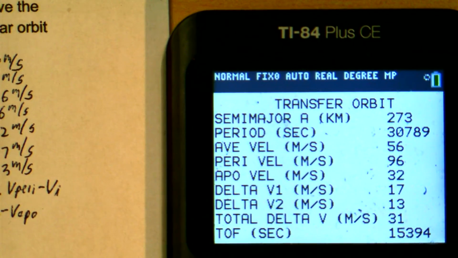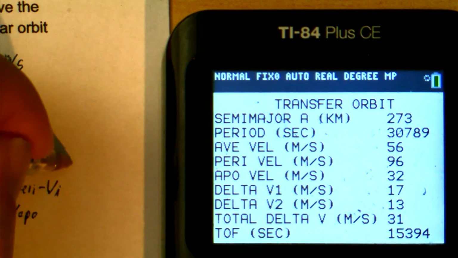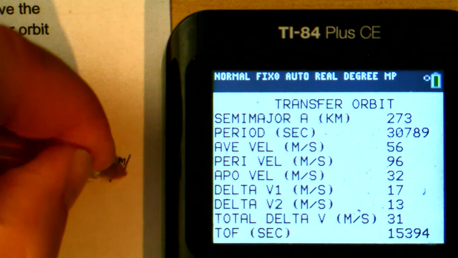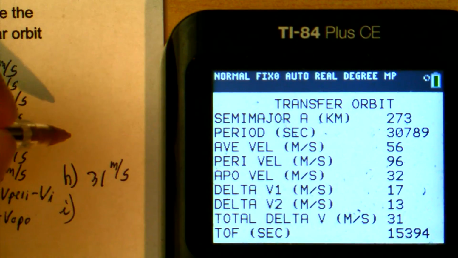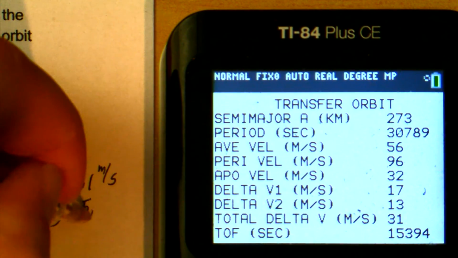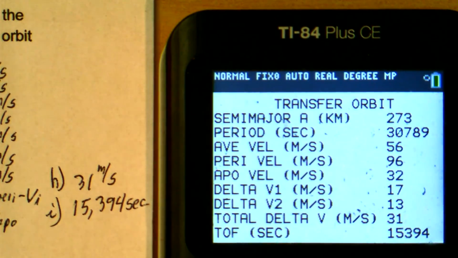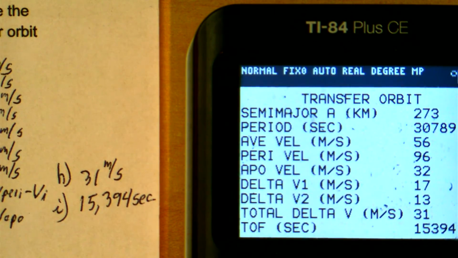And then finally, part H, the total delta V is 31 meters per second. And part I, total time of flight, is 15,394 seconds. Yeah, I tend not to round that one off to 3 sig figs like you should.